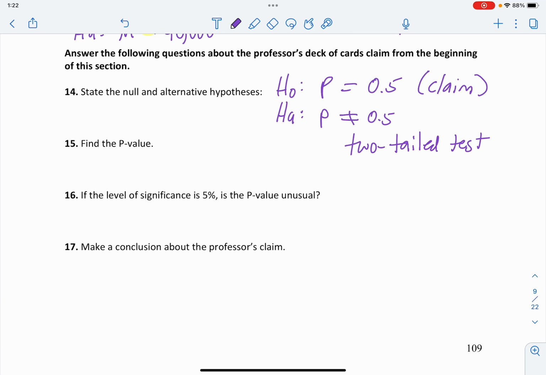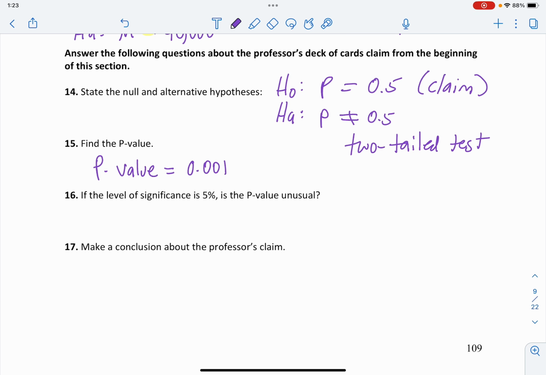What's the p-value? Well, we found that, right? So the p-value was, and we'll have some more techniques to actually finding p-values, but we found it to be 0.001 on the previous handout page. Well, that was the first page of 7.1. That's when we calculated the probability of seeing 10 red cards.